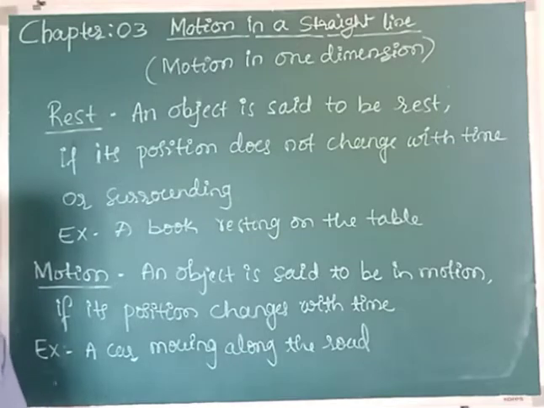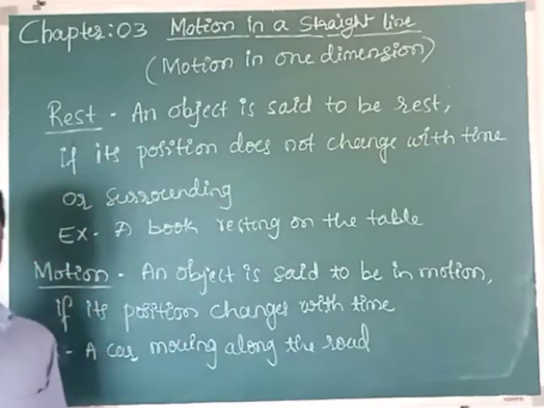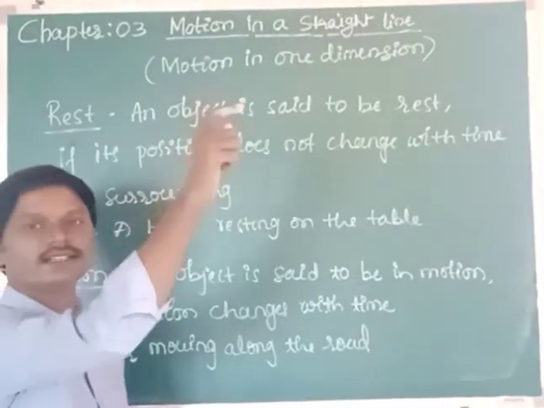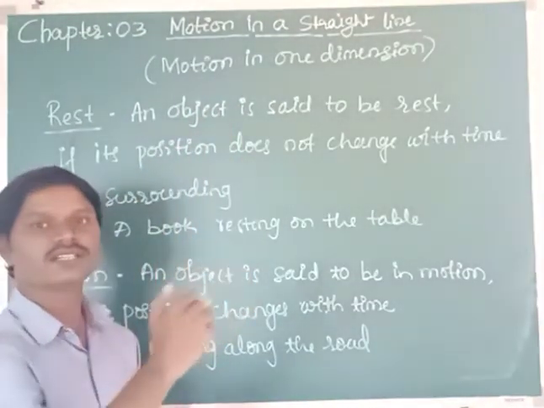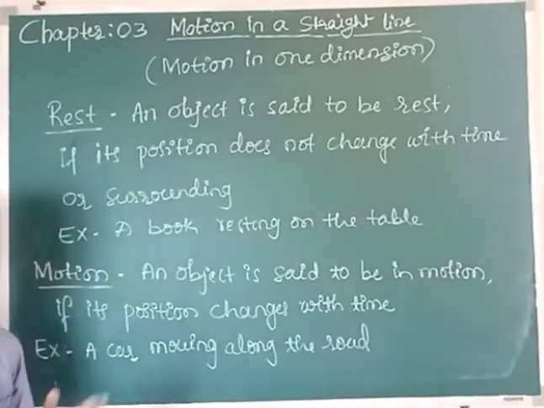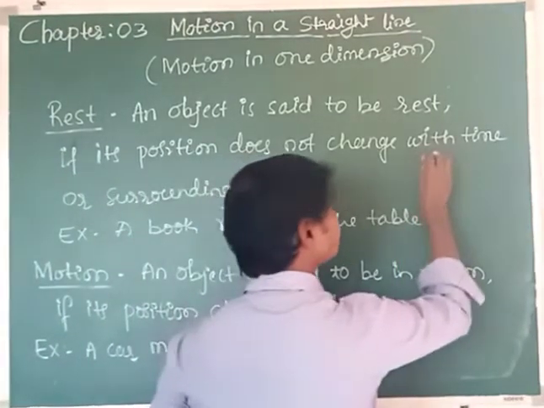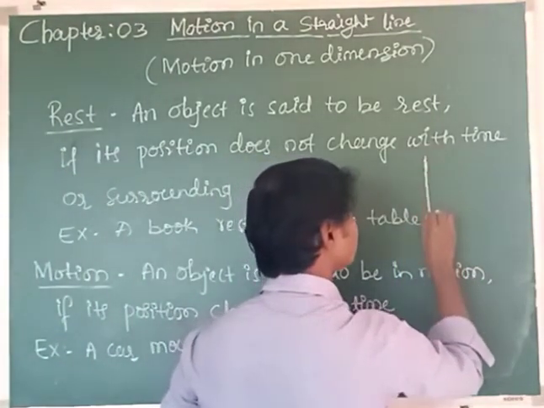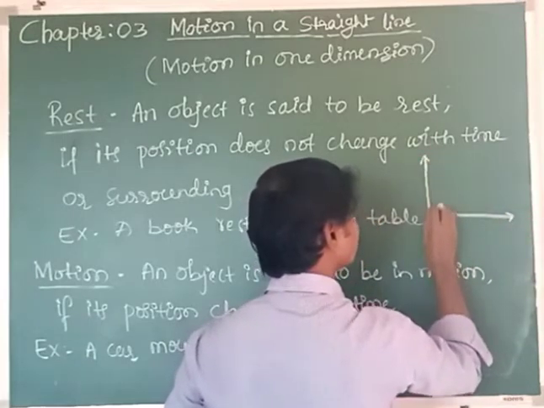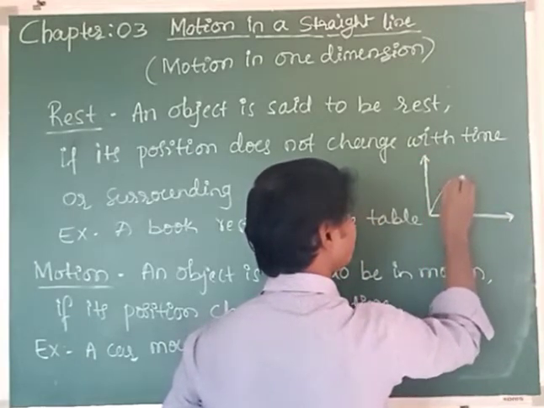And also projectile motion. What do you mean by projectile motion? For example, if we throw a ball in the air, it will cover the x coordinate and also the y coordinate. That motion is called motion in 2D, meaning 2 dimensions. Suppose we are going to throw a ball in the air.